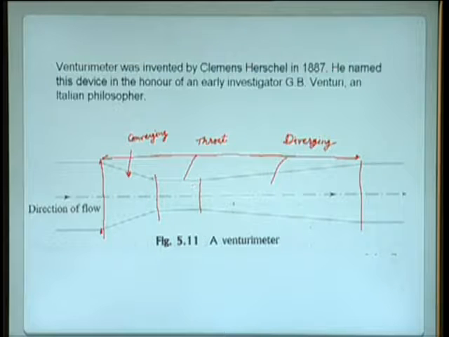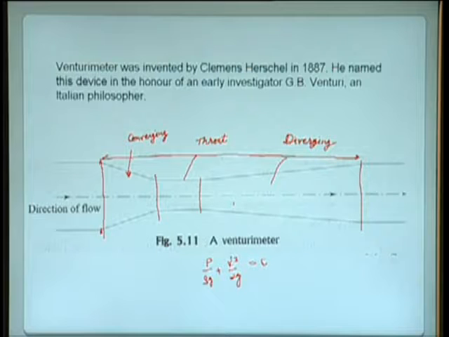Now, with the help of this kind of device, what we are doing is changing the area in the flow passage. When we are changing the area, we are changing the combination of pressure energy and kinetic energy, because we know that pressure energy P over rho g plus V square divided by 2g, if we are assuming a horizontal pipe, this combination must be equal to constant.